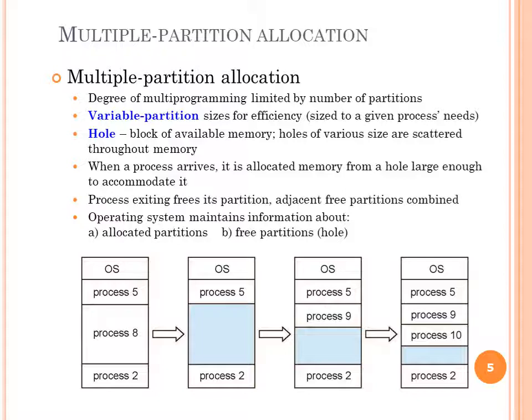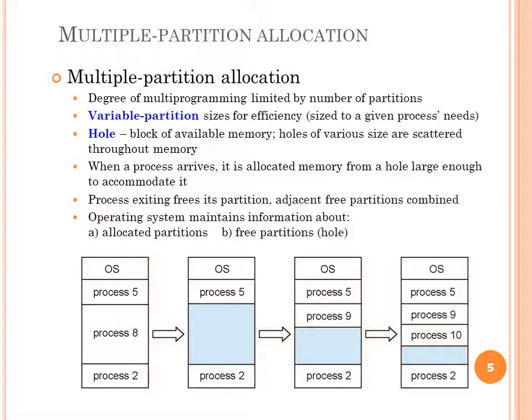In the figure, we have an operating system and the available free space is allocated to three processes, namely process 5, process 8 and process 2, where the memory for process 5 and process 2 is smaller compared with the memory allocated for process 8. So this is an example of the variable partition, multiple partition allocation method.